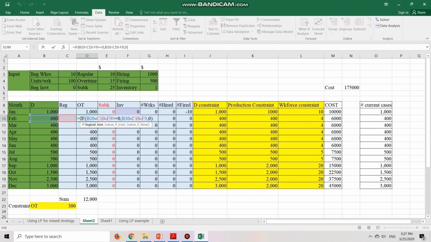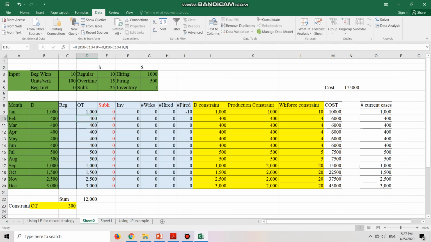If the regular production and the inventory from the last period are not enough to satisfy the demand, we have to do overtime, and the overtime amount is equal to the demand minus the regular production minus the inventory. If not, we don't need to do overtime. That's why we have the IF function like this for overtime in February.